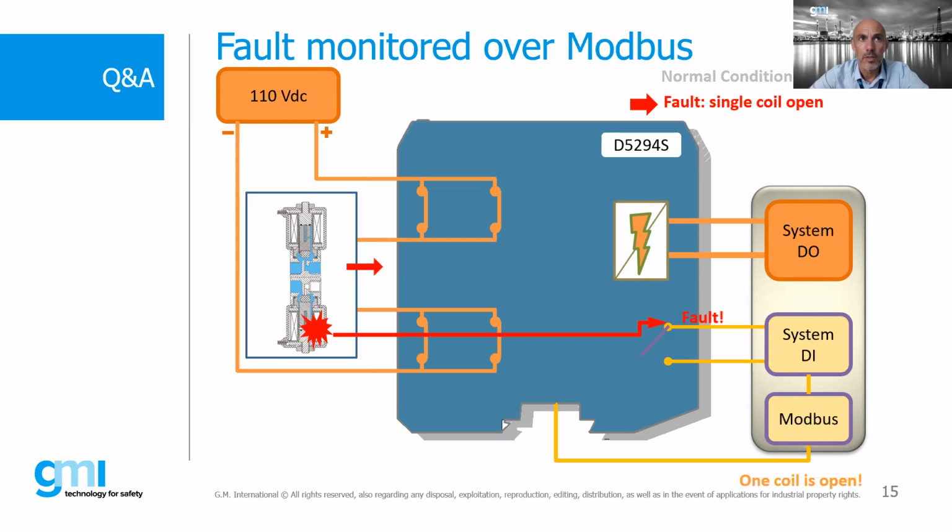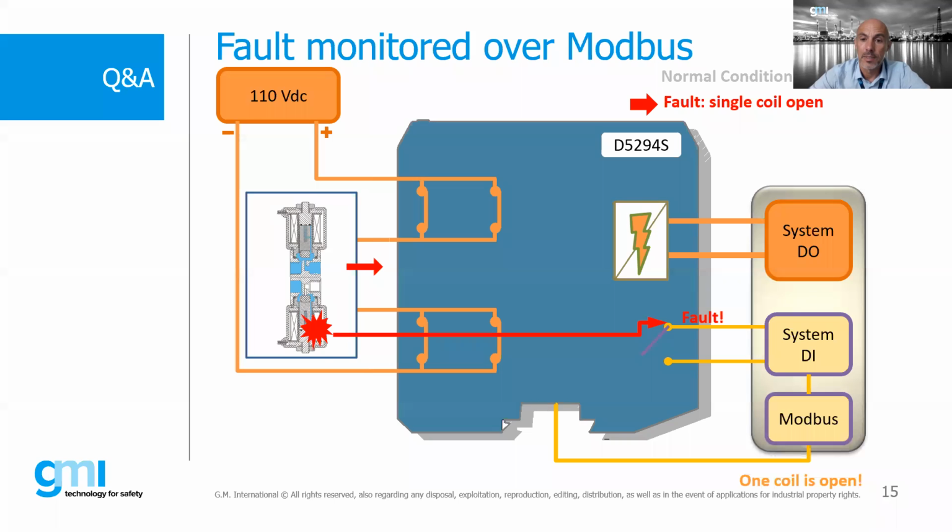The third advantage, which is maybe the most important, is that you can have the exact information about the fault you are having. Modbus is able to read the exact register of the fault. It can be open circuit, short circuit, water leakage, coil, valve fault, internal relay fault, and so on.